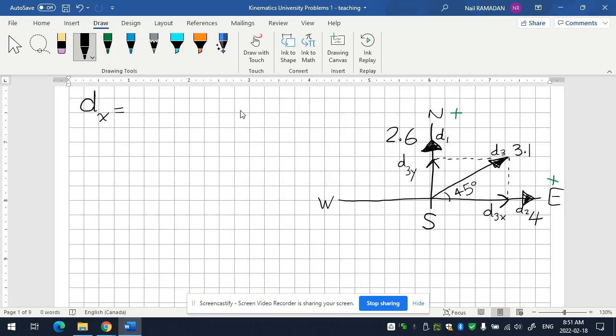So I will write the full D2 plus D3 on the x. How long is D2? 4. Absolutely no breakdown. It's a good vector. Plus, how long is D3 originally?